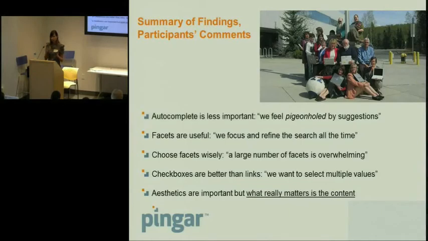But when they saw one of the systems that had a very large number of facets, they felt overwhelmed, and we had to force them to actually look at the system because of how many colors were used there. Checkboxes is something where they all said are very useful. They want to select multiple choices.